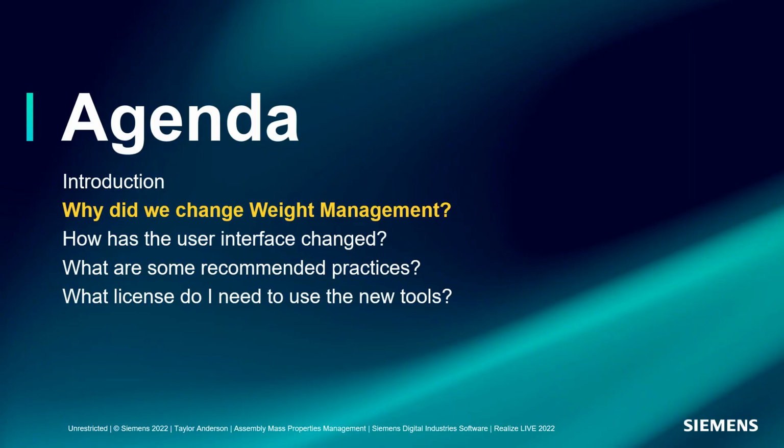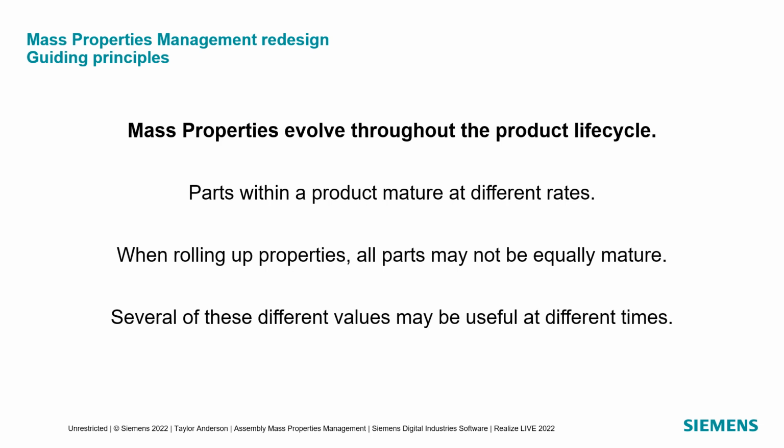As we talked about how to change these tools, there were some guiding principles that we looked at. And these, again, evolved as we talked with customers around the world. But these were some of the important things that we concluded. A really important one is this concept that mass properties evolve throughout a product life cycle.